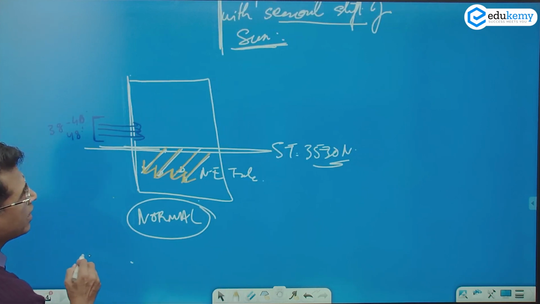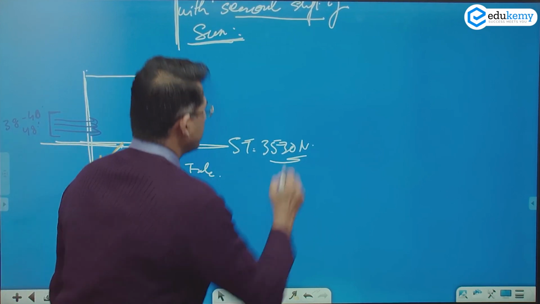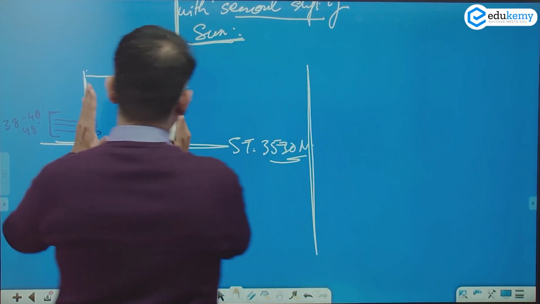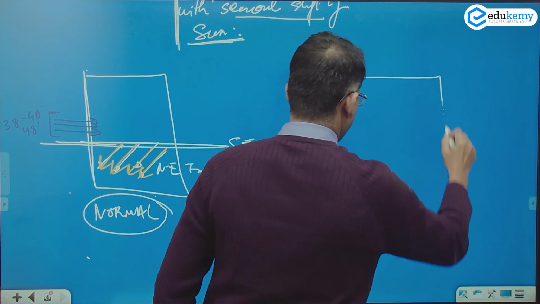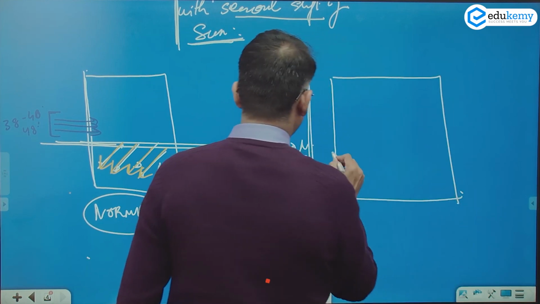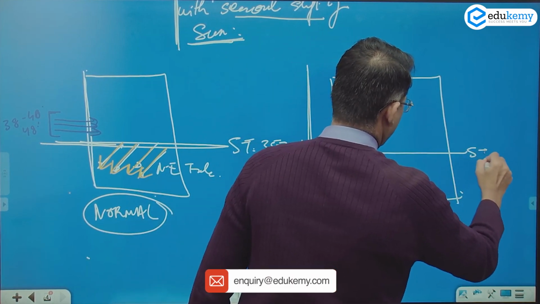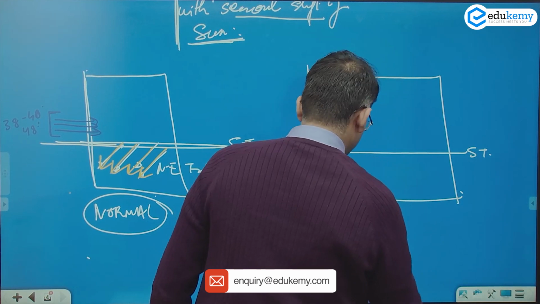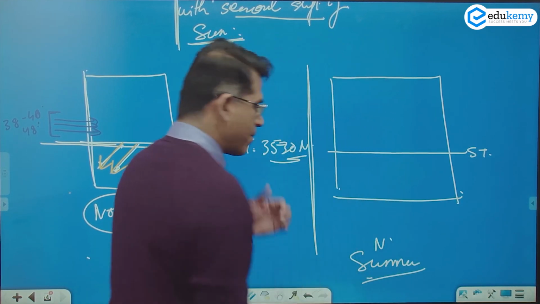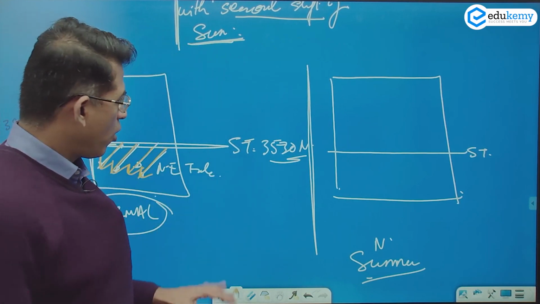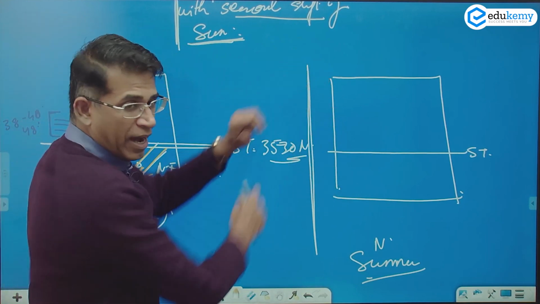So now say you have a summer season. The same diagram I'm drawing here. And this is the subtropical latitudes. Say I have northern summers. अब northern summers में क्या होगा? All the winds will move up. Are you aware of this part?